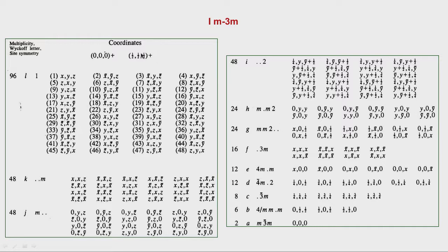Then with respect to the other non-equivalent point in the crystal, you will be able to generate another 3 more. So, in total 6 positions where the atom will be there. Is it clear?